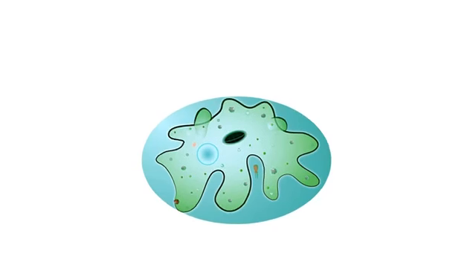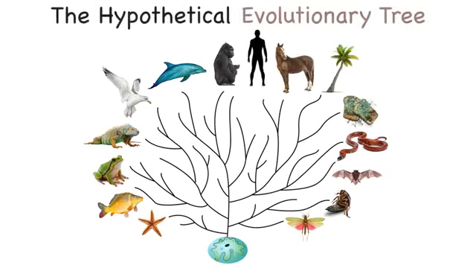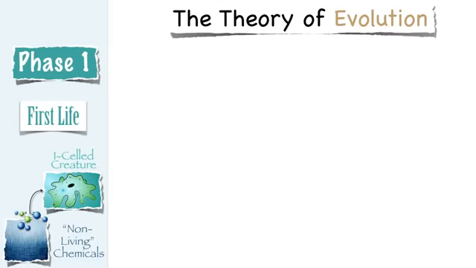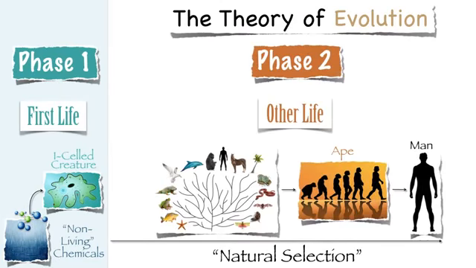And from this simple one-cell creature, we're told, came all the other forms of biological life. This here is a mock-up of the hypothetical evolutionary tree that I put together for illustration purposes. Now we'll put this evolutionary tree over here on the right side together with the ape to man progression, and we've labeled it, as you can see, other life.